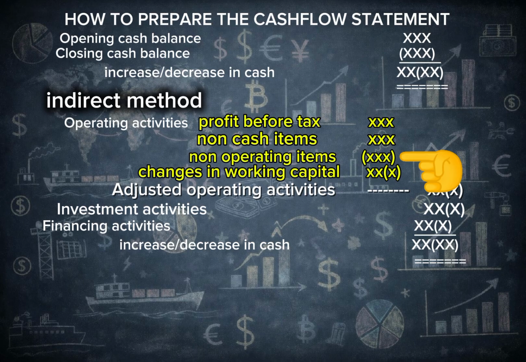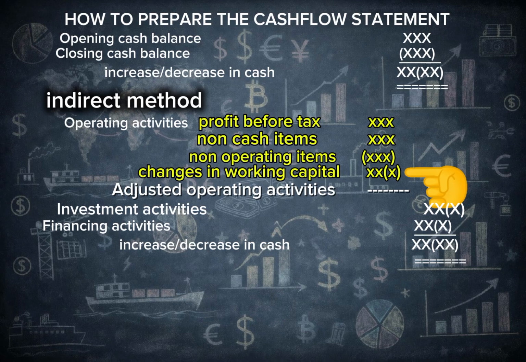We also said that there should be adjustment for changes in working capital. And we know from our previous classes that working capital simply means current assets minus current liabilities. This is simply an adjustment for the movement of working capital.